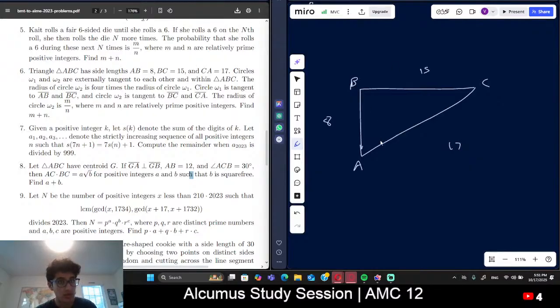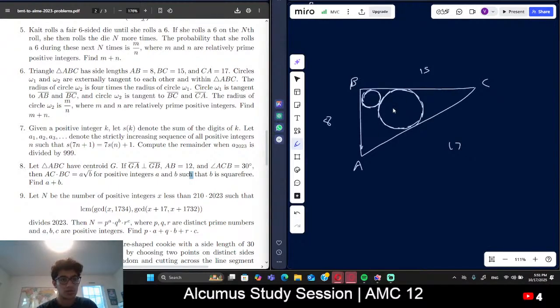The first one, omega 1, is tangent to AB and BC. So that's going to be a small one over here. Something like that. The other one is tangent to BC and CA. So it's going to be over here. And it's going to have 4 times the radius as we just saw. Okay, so I think that's a better drawing.